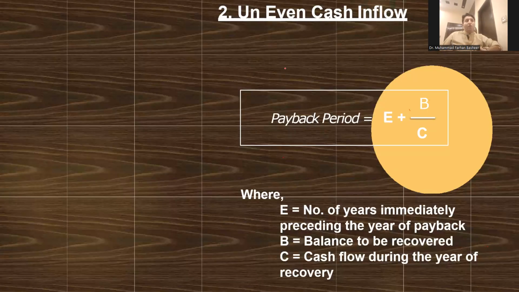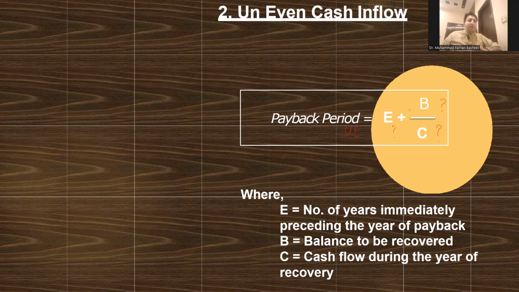Now, the second case, for uneven cash flow. The formula for payback period of uneven cash flow is equal to E plus B over C. Hold for a moment. What is this E? What is this B? And what is this C? Here is the description.